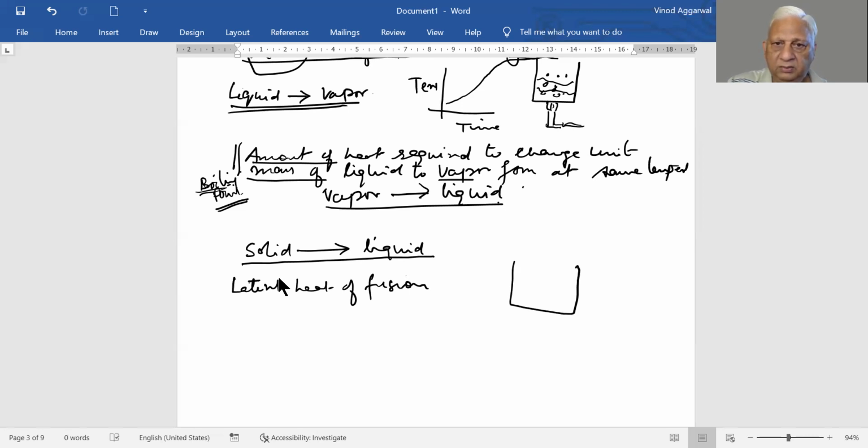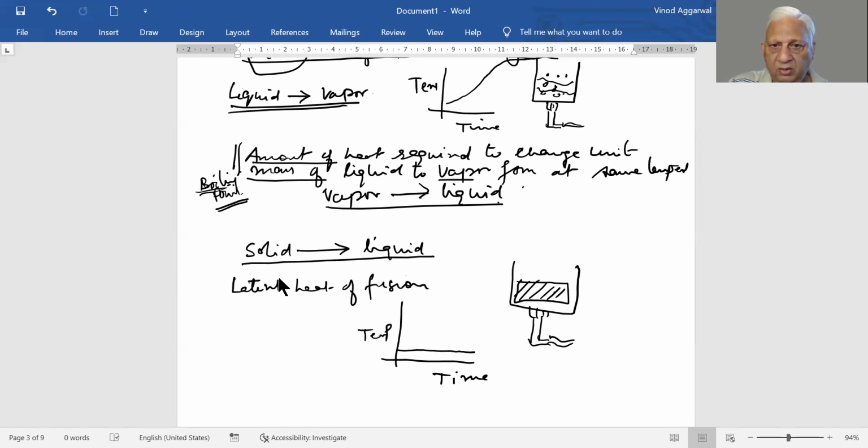If we take ice in a vessel and again heat it, what will happen? While you're heating, if you plot the temperature versus time, you will see the temperature is not rising at all.